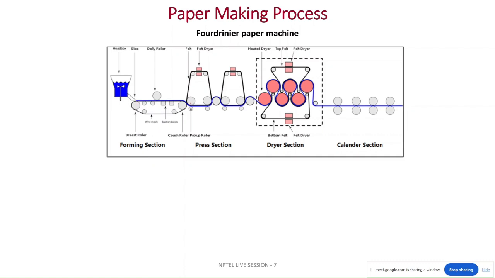In the running screen, there will be forming of the wet sheet. And then through the felt, it is moving. This blue line is the paper moving towards the end. Okay, now there will be pickup rolls and there will be a pressing section. So in the pressing section, there will be elimination of the free water content of the paper.